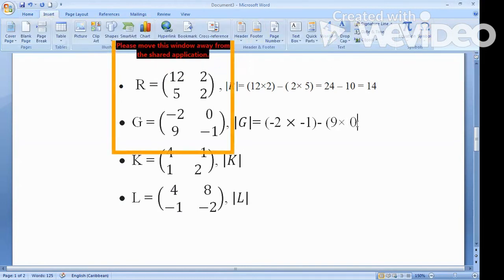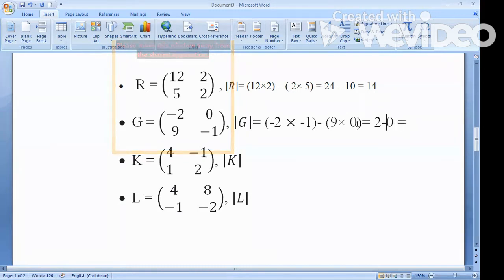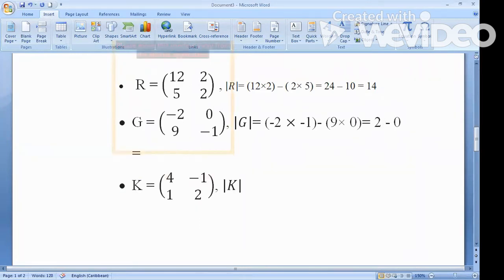Negative 2 times negative 1 would be 2. 9 times 0 is 0. So the answer is 2 minus 0, which is 2. Very good. Awesome.